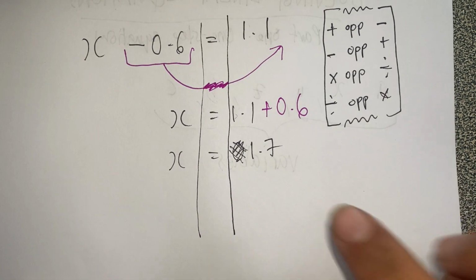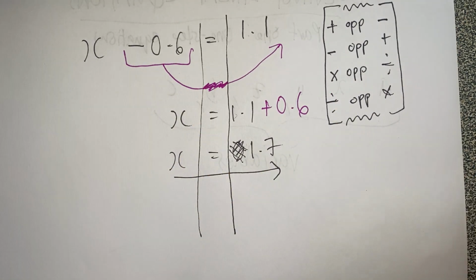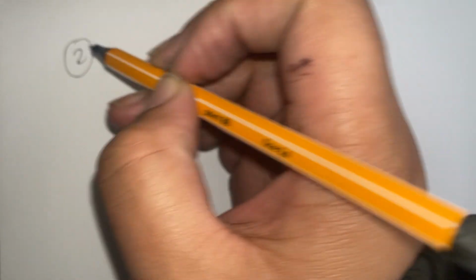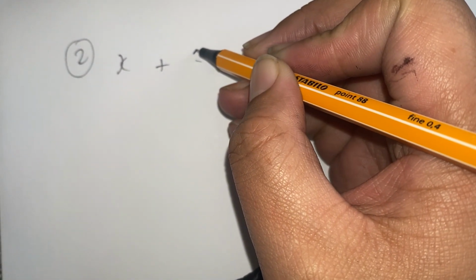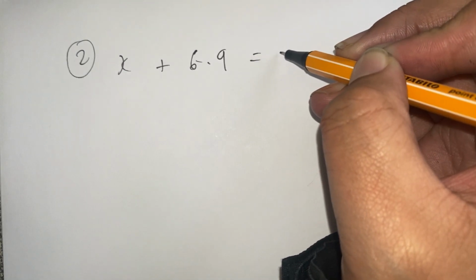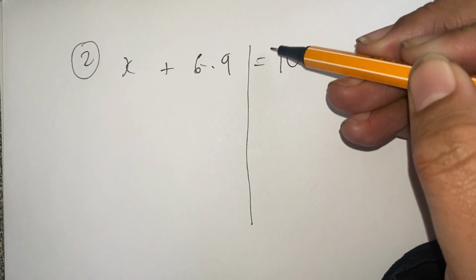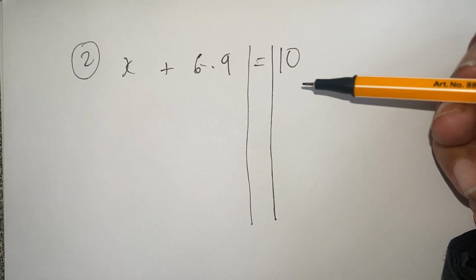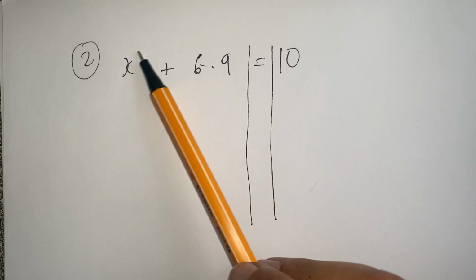Anyway, that is your value for x. In this case, the opposite was minus. Let's look at what other ones might look like if we had different operations. Our second question, question 2, is x plus 6.9 equals 10. Let's draw our equal sign barrier. We need to solve for x, so we need to get rid of everything on the same side of x.